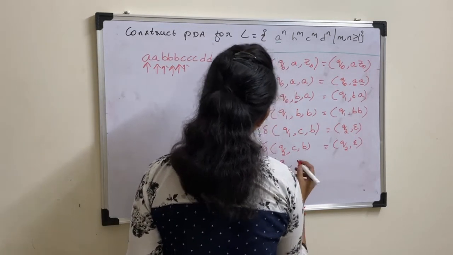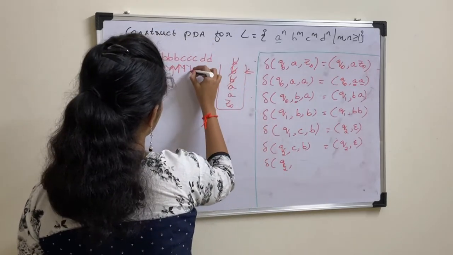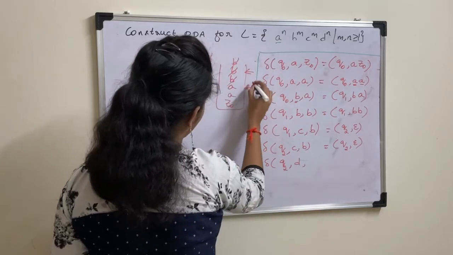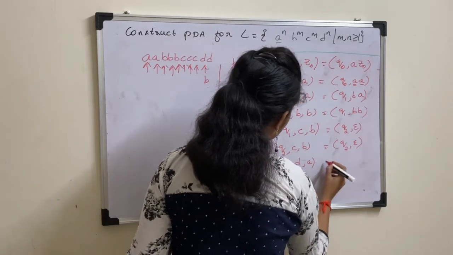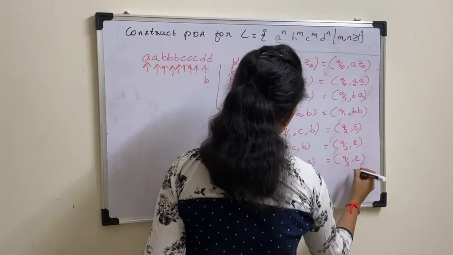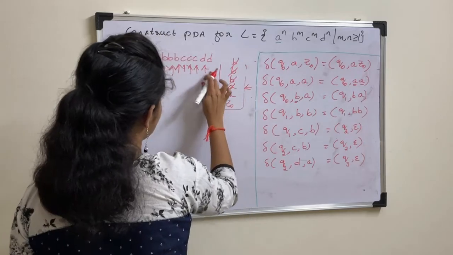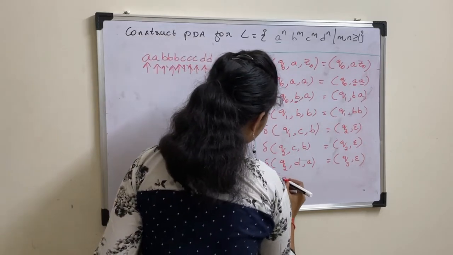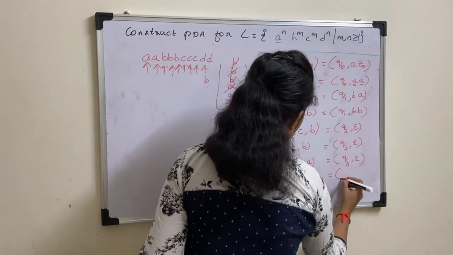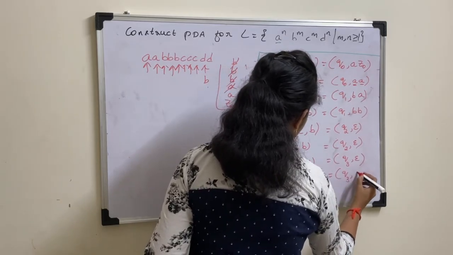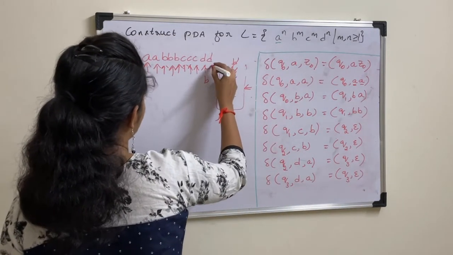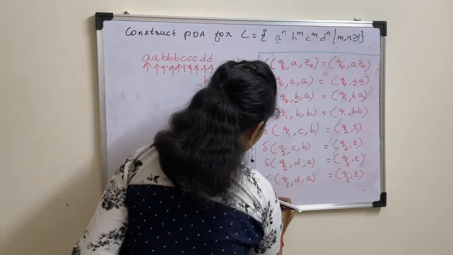Next the input symbol is D. Top of the stack is A. So change state to Q3 and pop this A for this D. Next, Q3, input D, top of the stack A, so pop A. Now all elements are popped out and we have only Z0.